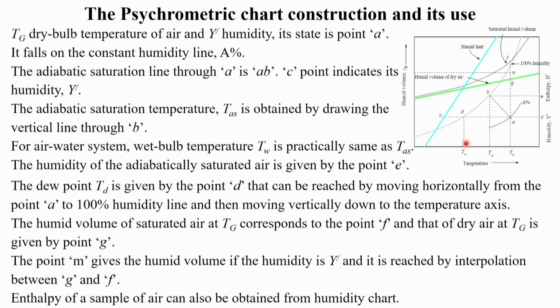And for this Tg temperature, or dry bulb temperature, if we move in the vertical direction and it reaches the saturated humid volume line, then point F will be obtained, which is the humid volume of the saturated air at Tg.